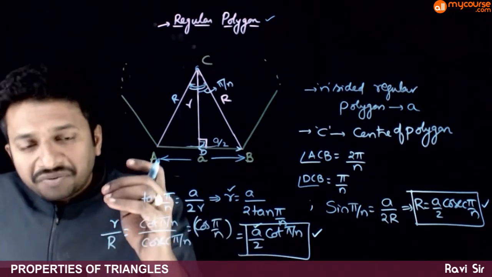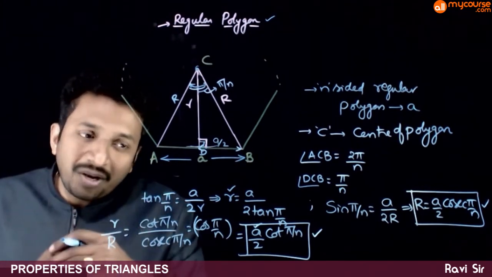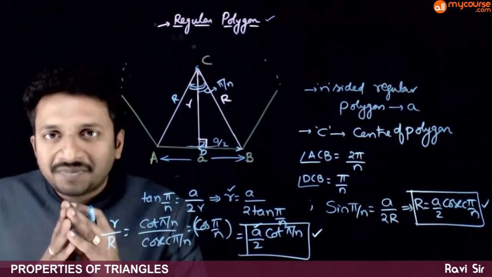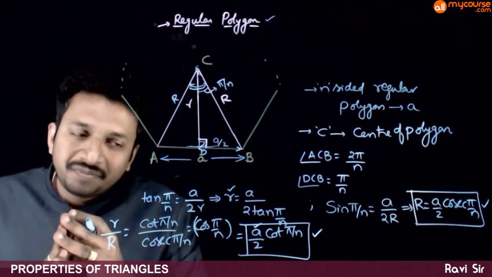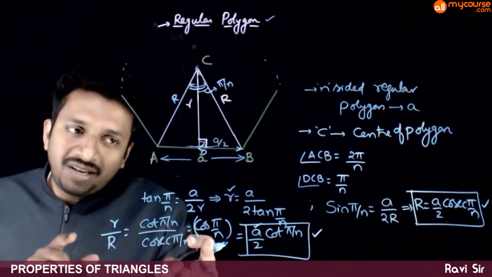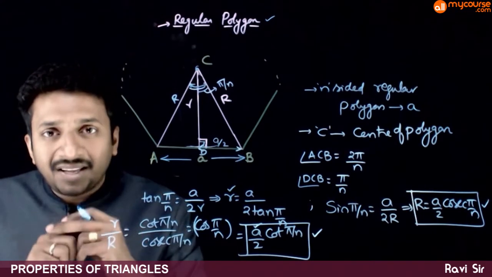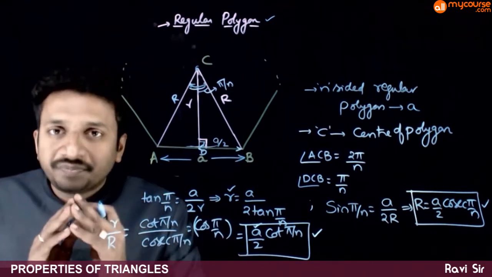So the ratio of the inradius and circumradius of a regular polygon will be cos of pi by the number of sides. For example, if the number of sides is 3, this will be cos pi by 3, which is equal to half. That means in a regular triangle, that is an equilateral triangle, small r by capital R is equal to 1:2.